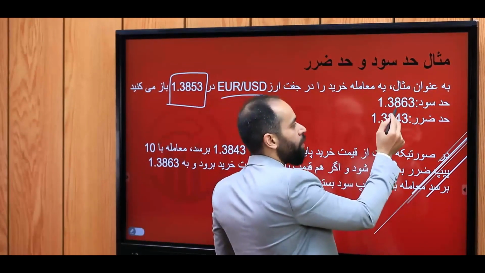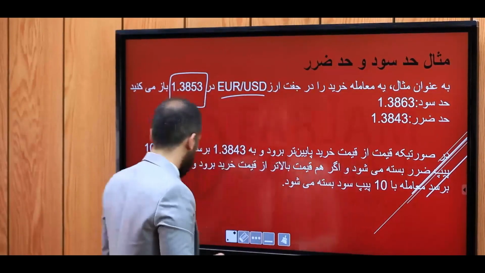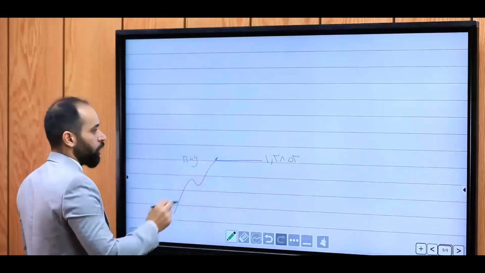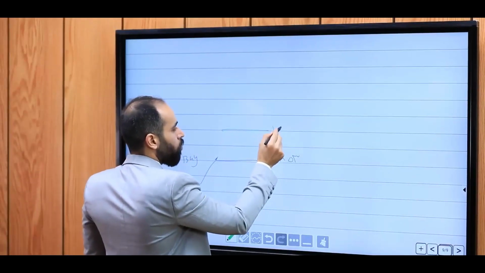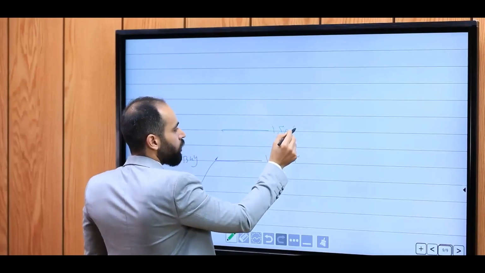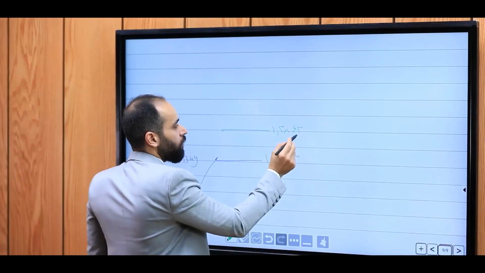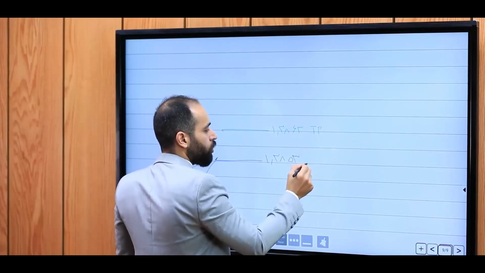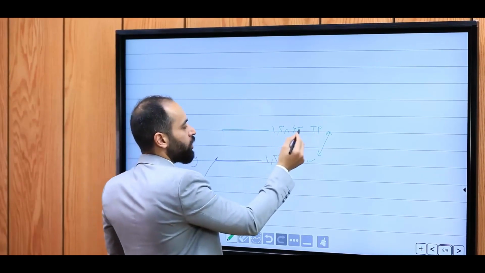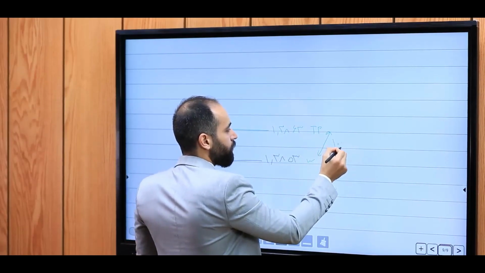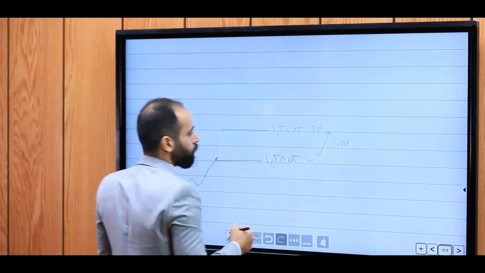Looking at the current market movement, we saw the price hit exactly 1.3863. So let's go ahead and set our take profit target right here at this specific level of 1.3863 to secure our gains. What was our TP here? The difference between our entry from 38.53 to 38.63 is 10 pips, right?